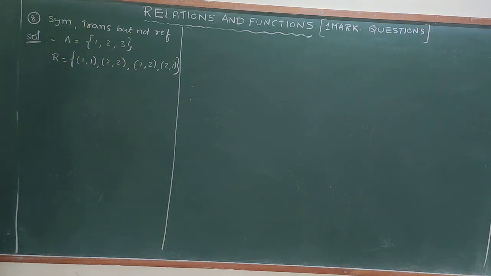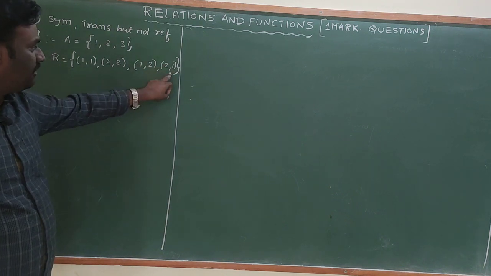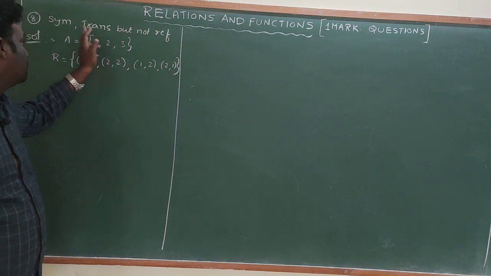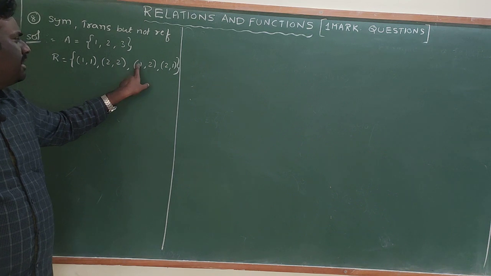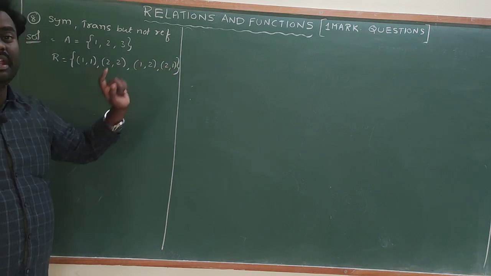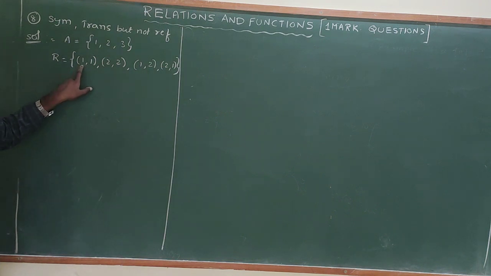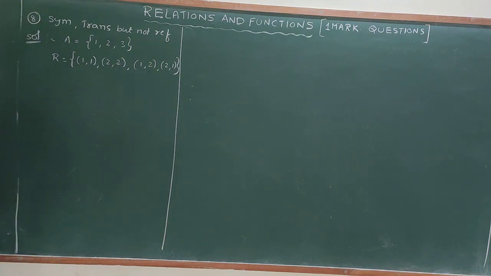It is symmetric, yes, because if you take the pair 1 comma 2, its reverse value is 2 comma 1, that is also there in the relation. So it is symmetric. It is transitive, yes, because if you take the pairs 1 comma 2, 2 comma 1, then the resultant pair will be 1 comma 1, that 1 comma 1 is there in this relation. So this is the example of a relation which is symmetric, transitive but not reflexive.